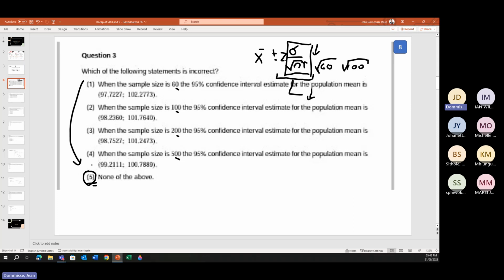So then I would rather say none of the above, because I actually don't know. Are you guys in agreement, or would you have decided on something different?